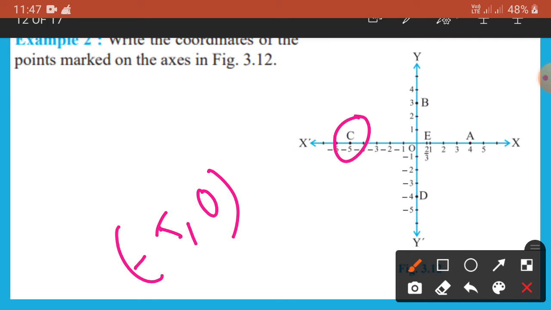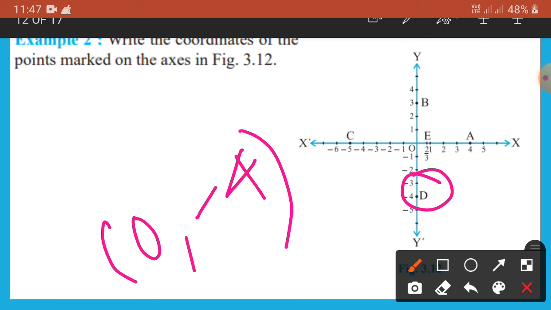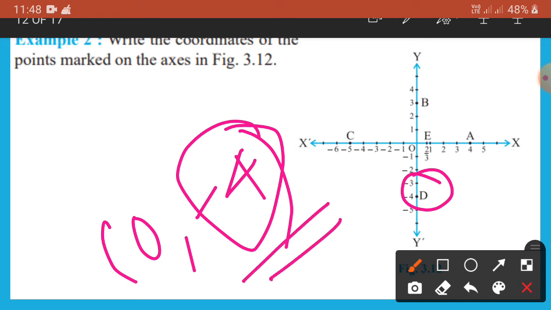Now the point D, the coordinates of D will be (0, -4). The x coordinate is 0 because it is at a distance 0 from the y axis, and here the distance is -4. So the coordinates will be (0, -4).